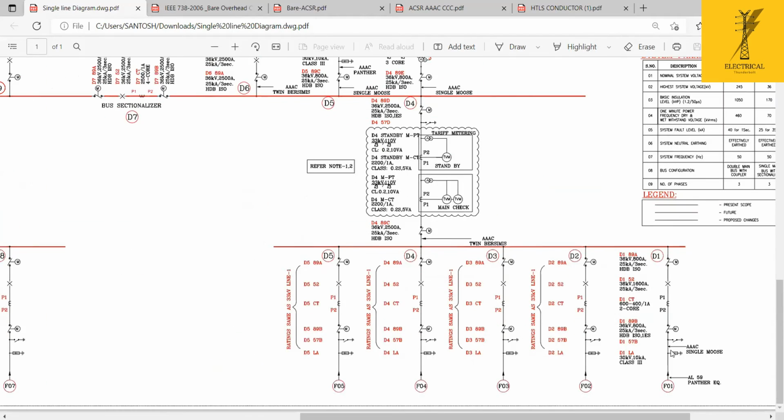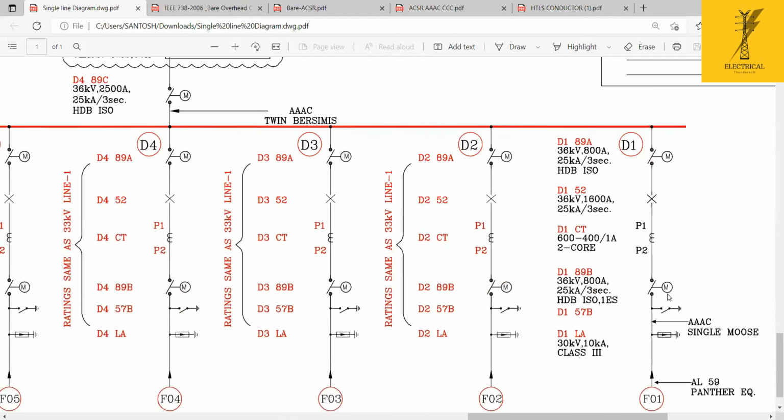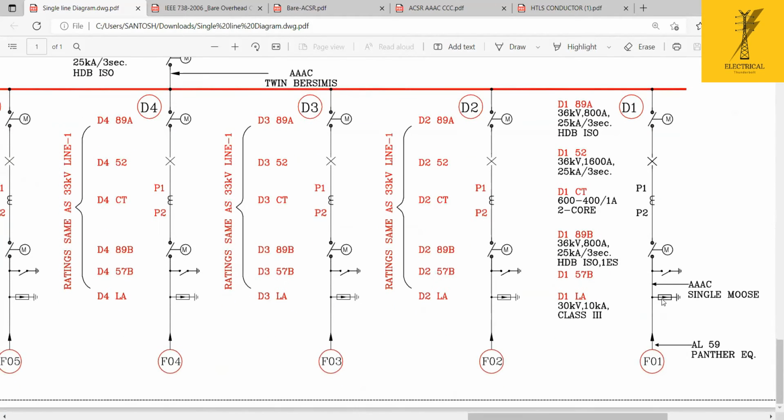If you see from the starting, some intermediate connection is required, by which we connect the lightning arrestor, isolator, CT, breaker, and isolator onto the bus.